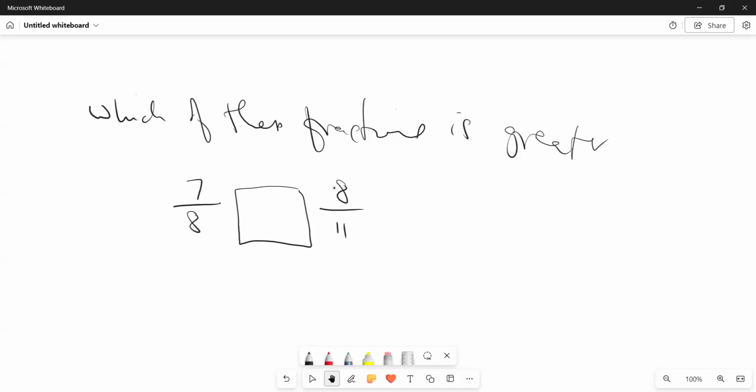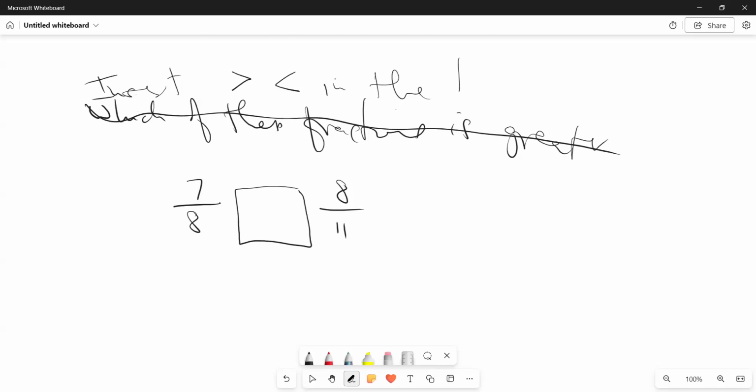And they ask you to insert a greater than or less than sign in this box here. So what sign will you put in there?